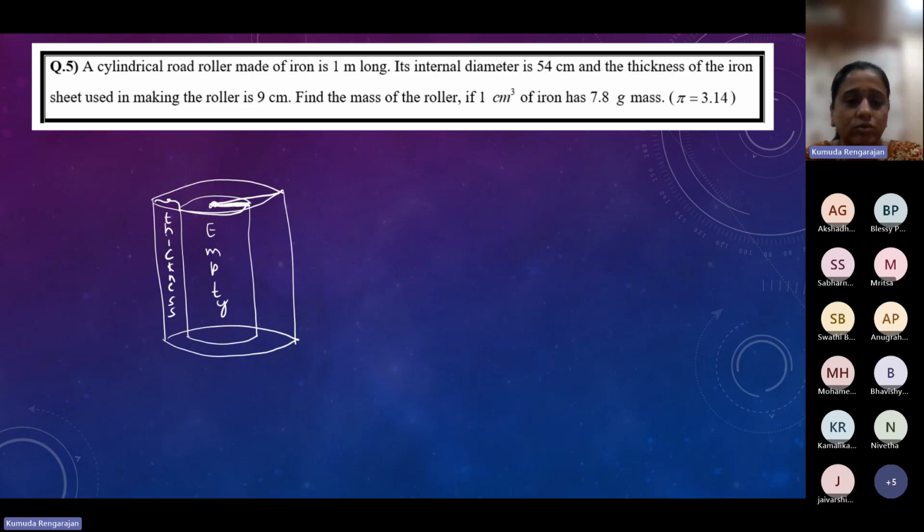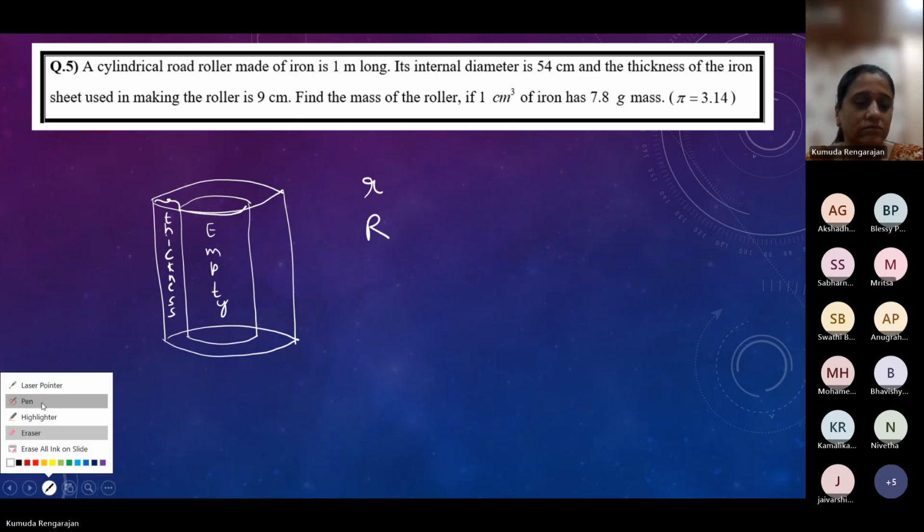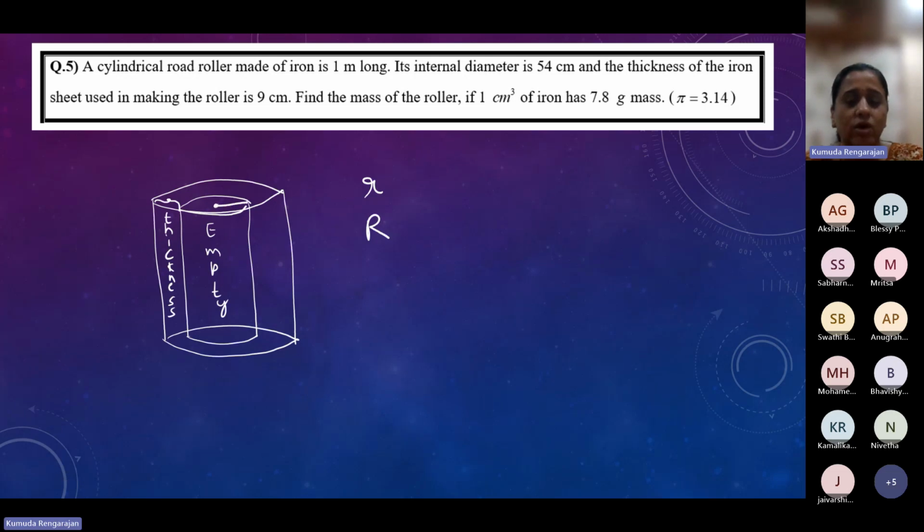So from the center to this inner wall is the inner radius, and from the same center to the outer wall is the outer radius. Small r, capital R. And this is the thickness. It's uniformly thick.